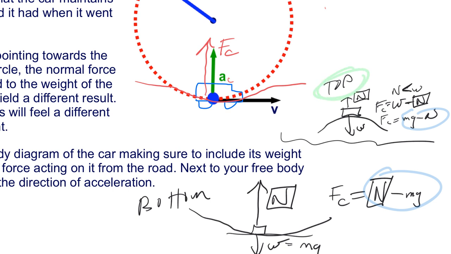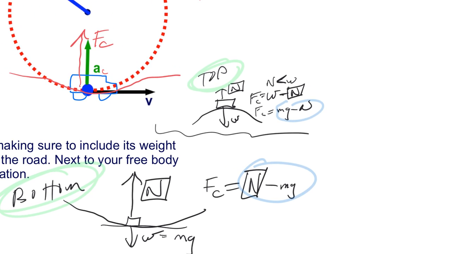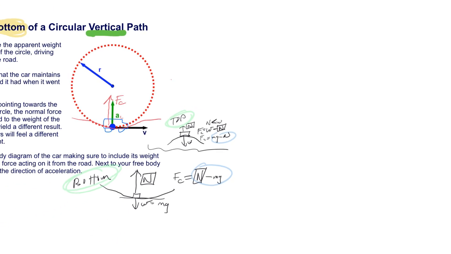In a roller coaster, you can feel you're smushed at the bottom, whereas at the top you feel like you're flying out of your seat. Top of a vertical circle, that is.